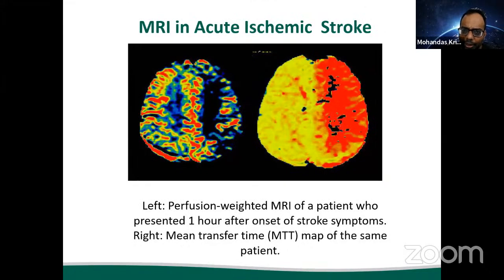So you can see acute ischemic stroke. This is again 1 hour onset of the stroke symptoms. Meantime, MTT map of the same patient. So after 1 hour, you see what are the changes. You see from 35 minutes to 1 hour, how much brain has been damaged.